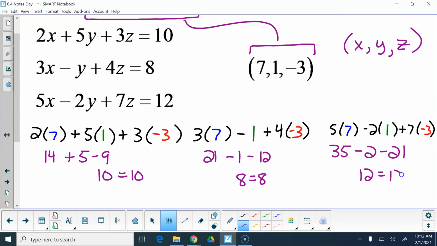And 12 is equal to 12. So yes, this ordered triple is a solution to that system.